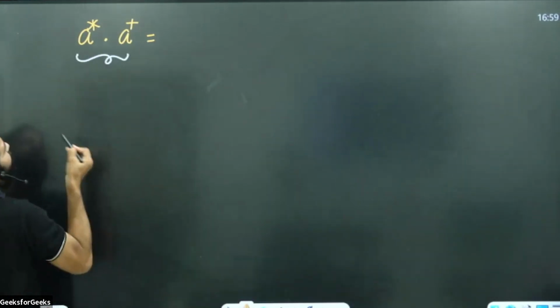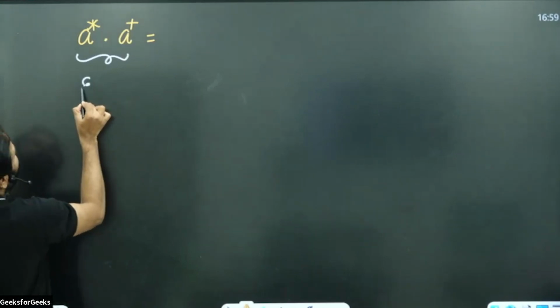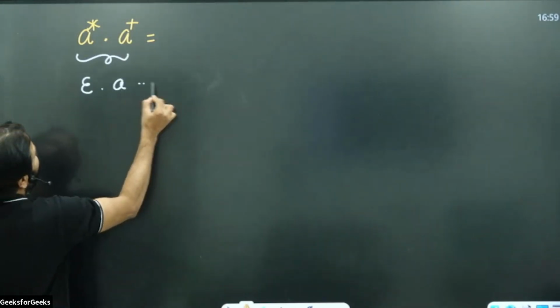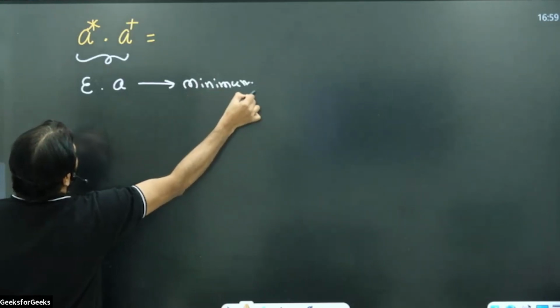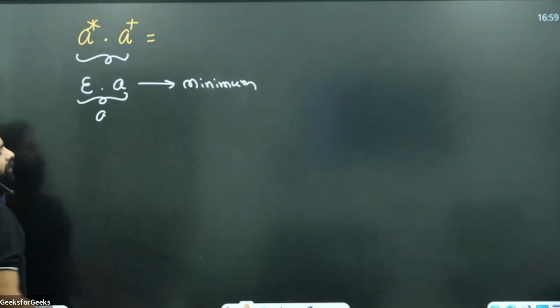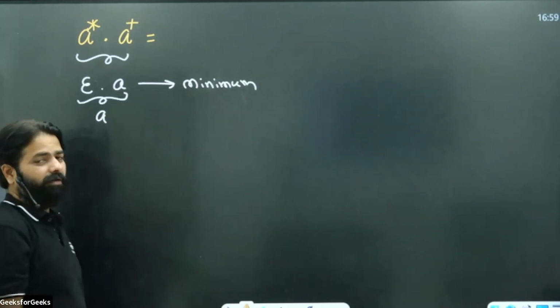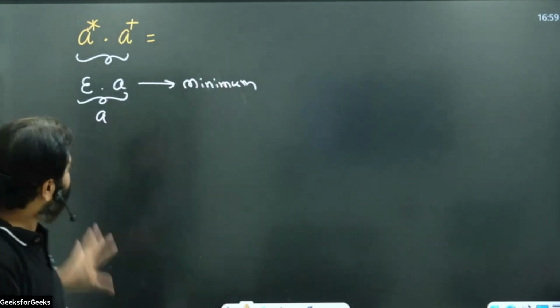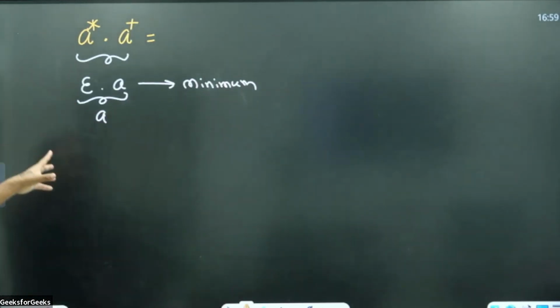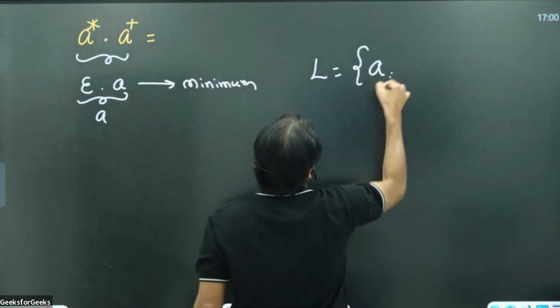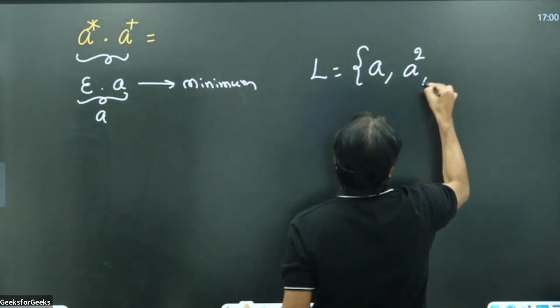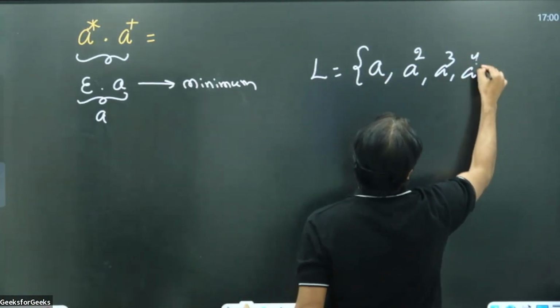Here, what is the minimum string? Epsilon dot A. Is this the minimum or not? That means the minimum is A only, not epsilon, not A power 0, correct? That's the minimum. Now after that, I'm saying that A is in my language. Now I will show that A square is there, A power 3 is there, A power 4 is there.